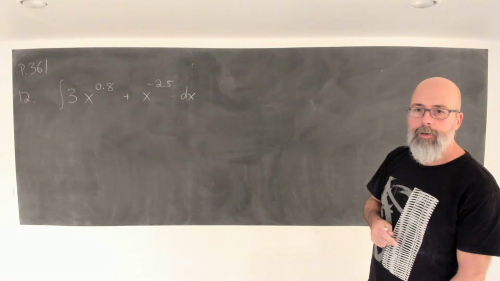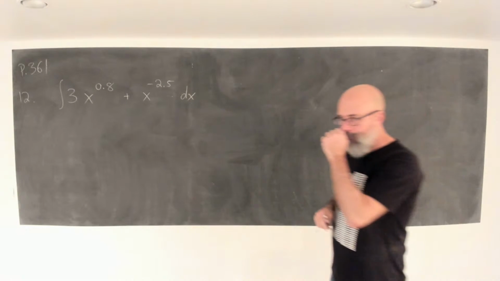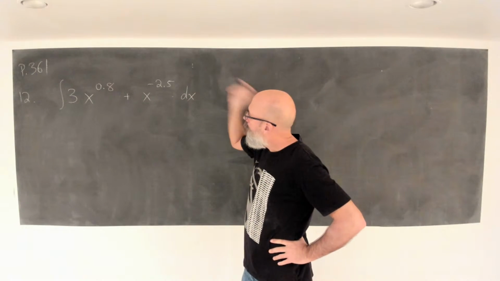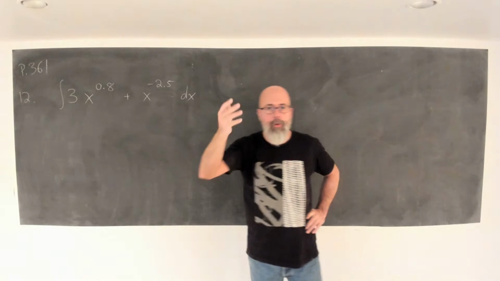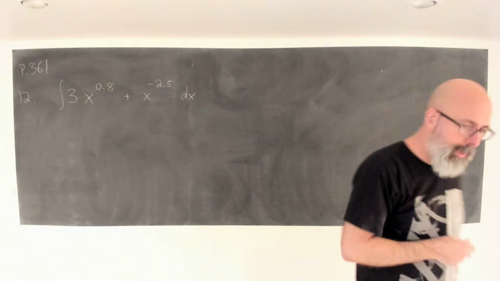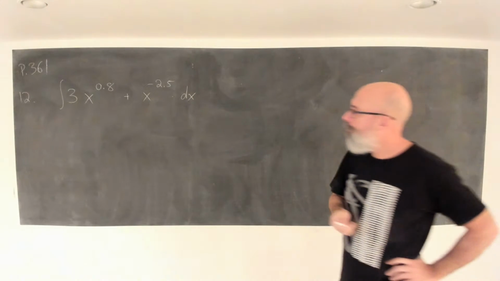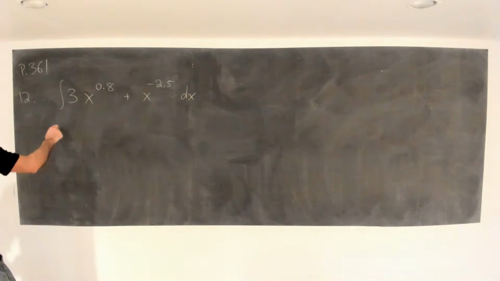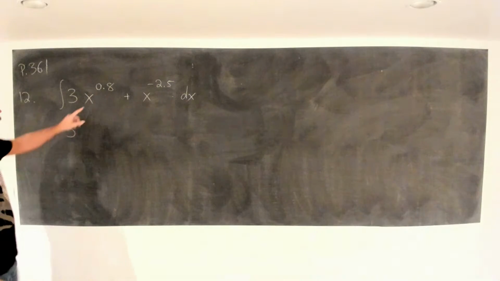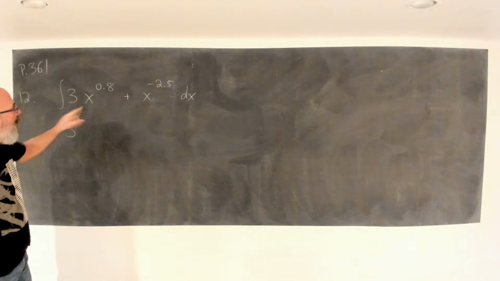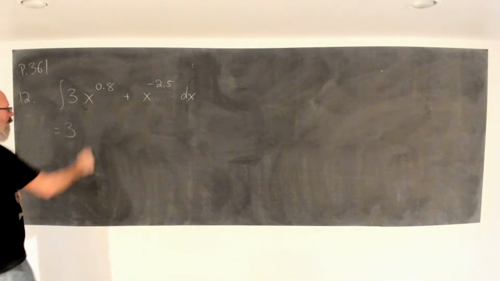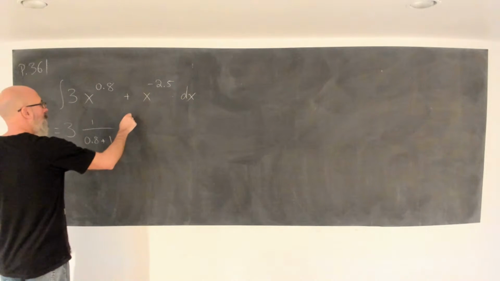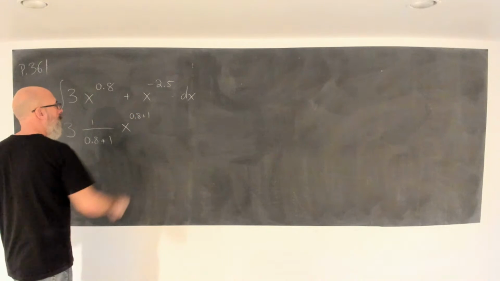Let's do a few integrals while we're waiting for everybody else to come in. You know what to do, right? You know the antiderivative of powers of x. First of all, you have this constant here that you can disregard, just leave outside. The antiderivative of x to the 0.8 is 1 over 0.8 plus 1, x to the 0.8 plus 1.